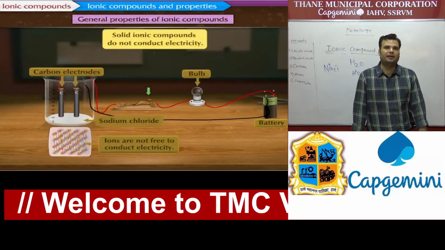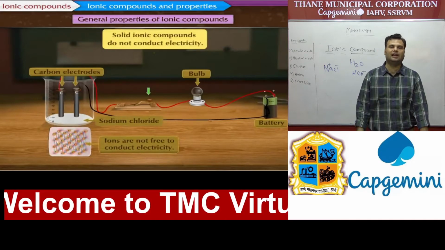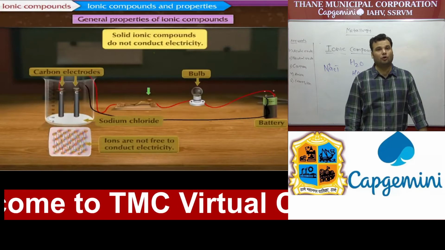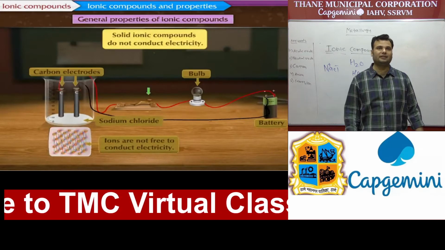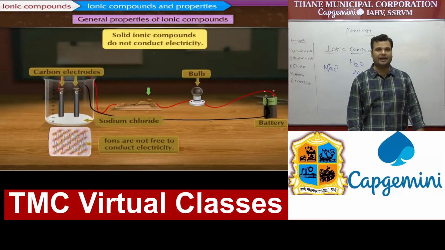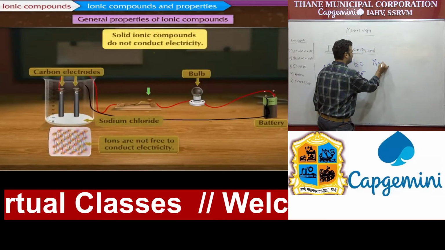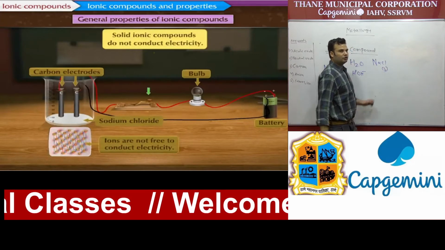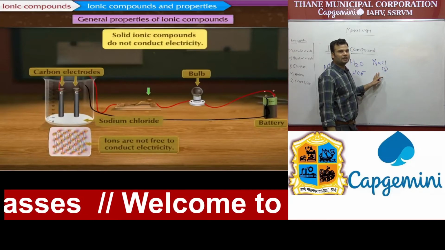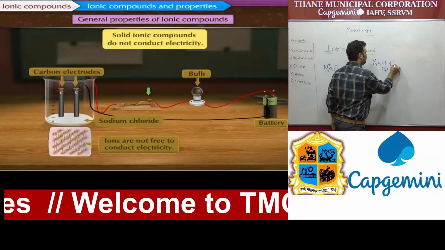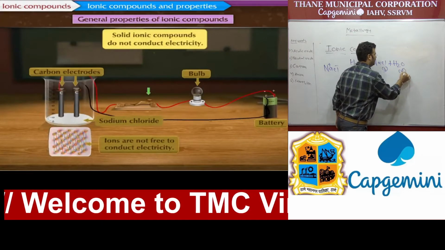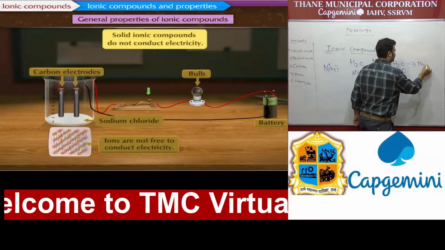So that's why we require the molten state, or you can dissolve in water also. Whenever you dissolve in water, they form the aqueous solution, and in aqueous solution ions are free. Like you can take example like NaCl. So NaCl is solid. In solid form they cannot conduct electricity because ions are not free. But when you dissolve in water like H2O, they form the aqueous solution of NaCl.